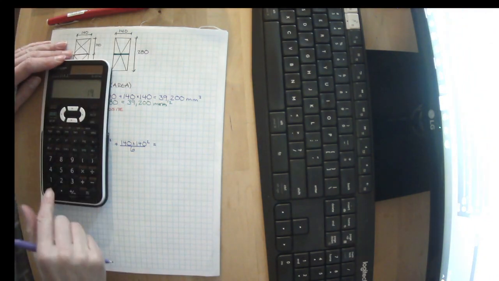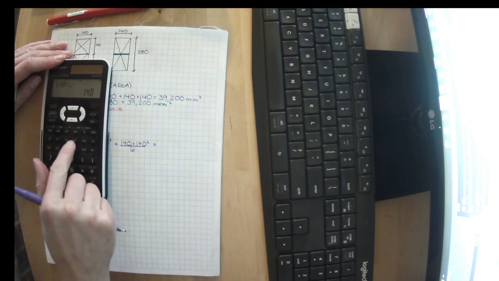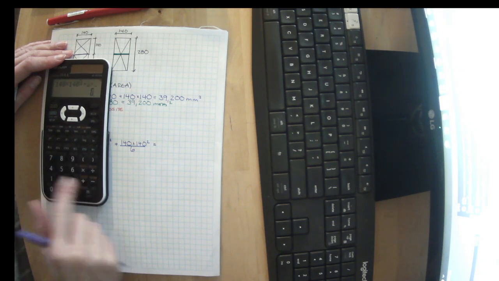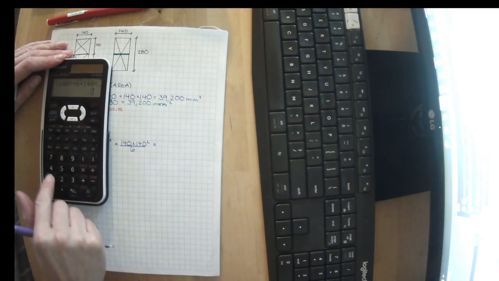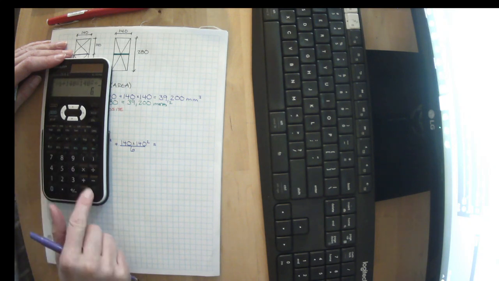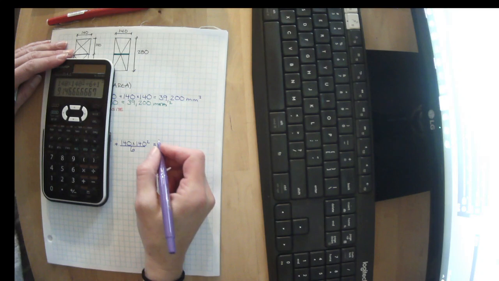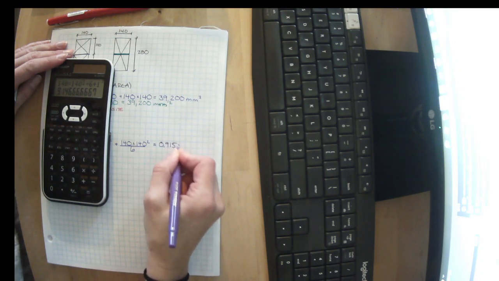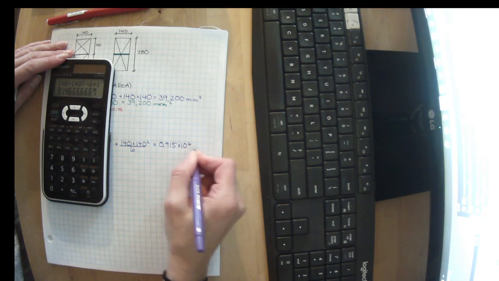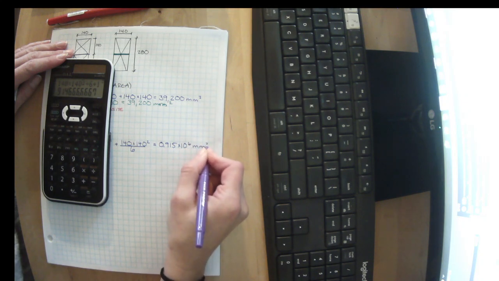We get 0.915 times 10 to the 6 millimeters cubed.